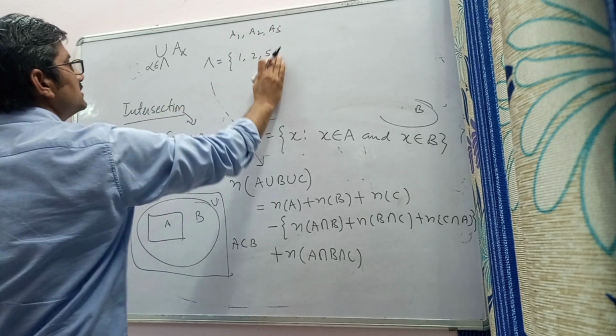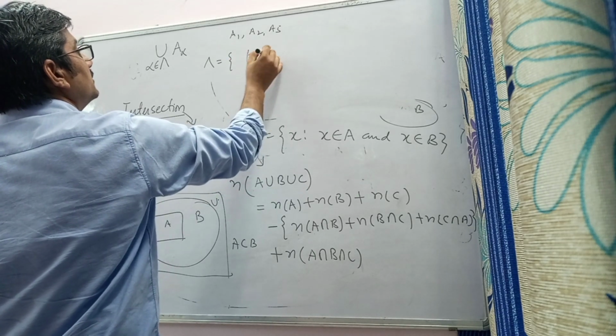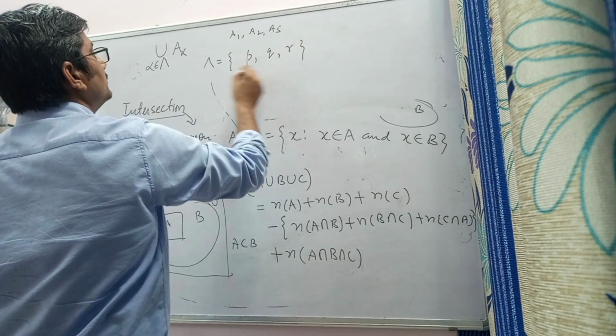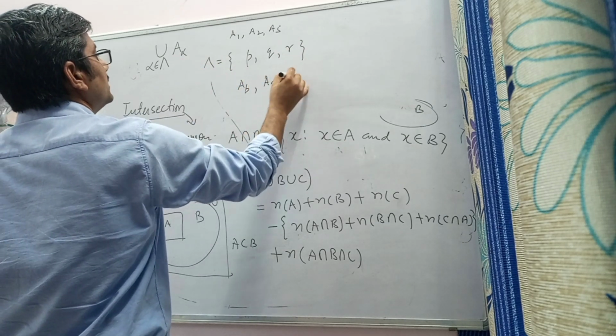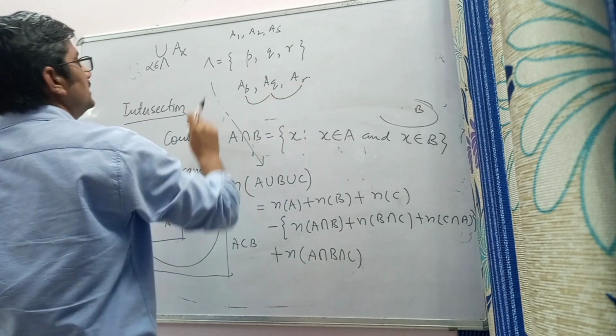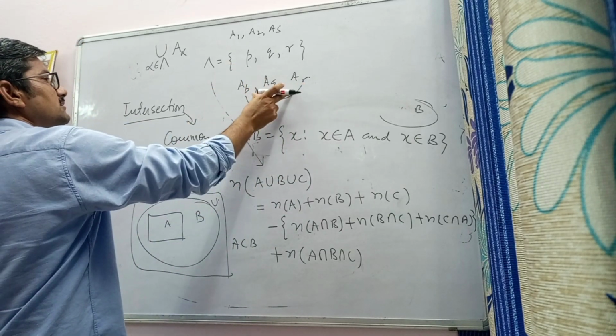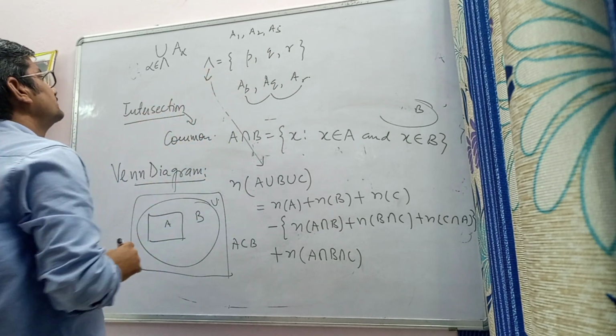If it has P, Q, R, it means you have AP, AQ and AR. So you are varying these indices, and they are taken from this set, which is said to be the index set.